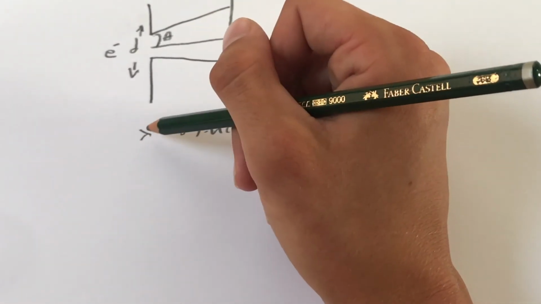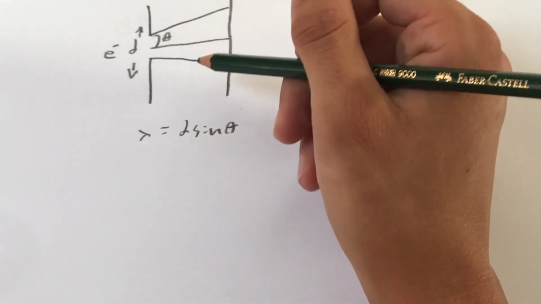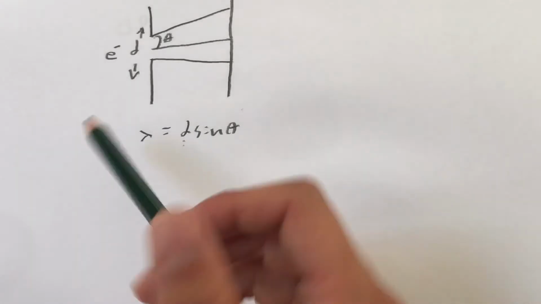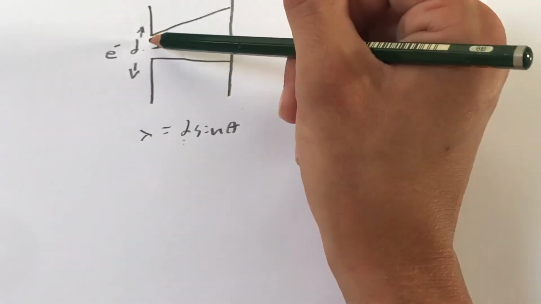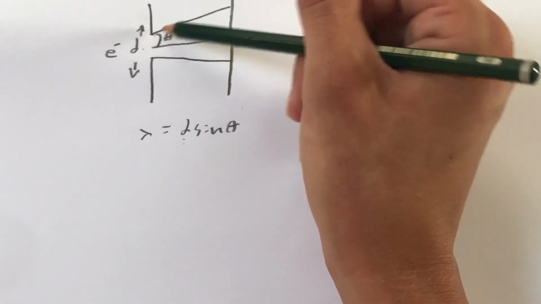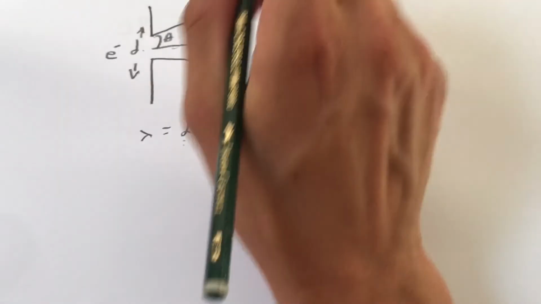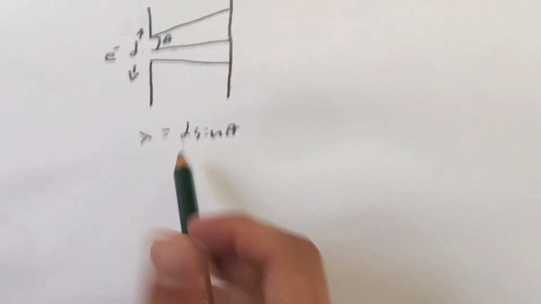Since lambda is a constant in this case, if you make d any smaller, you will increase theta. So by making the slit smaller, you will increase the scattering. So this angle theta will actually get larger the smaller you make d, due to this equation, right?